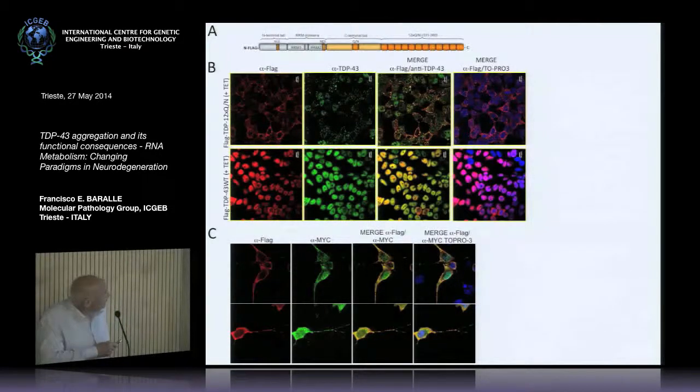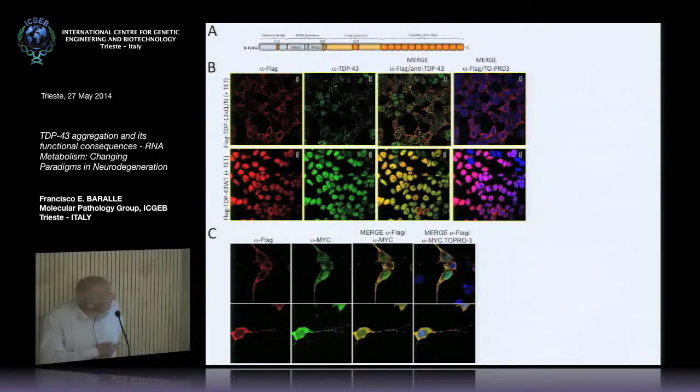We linked the 12QN to the whole TDP-43, so all the molecule intact, and this region repeated 12 times in the same molecule. At this stage, we got beautiful aggregates that are completely cytoplasmic, with big holes in the place where the nucleus was. That means that TDP-43 is being sequestered in the cytoplasm away from the nucleus.